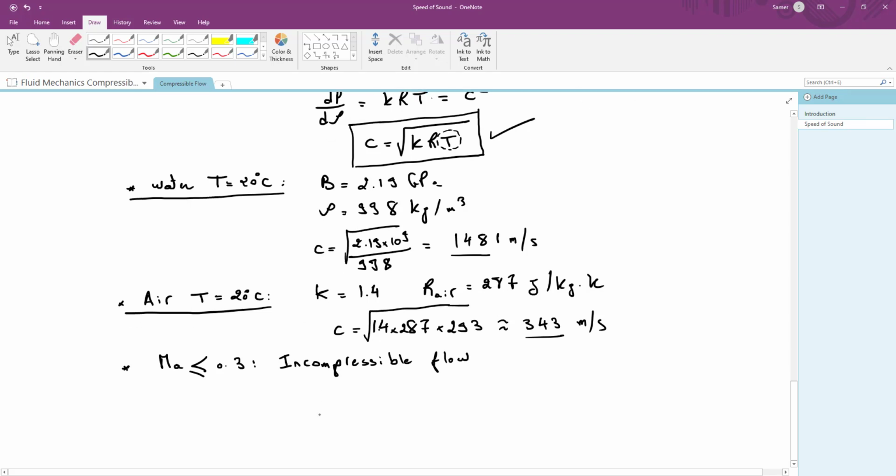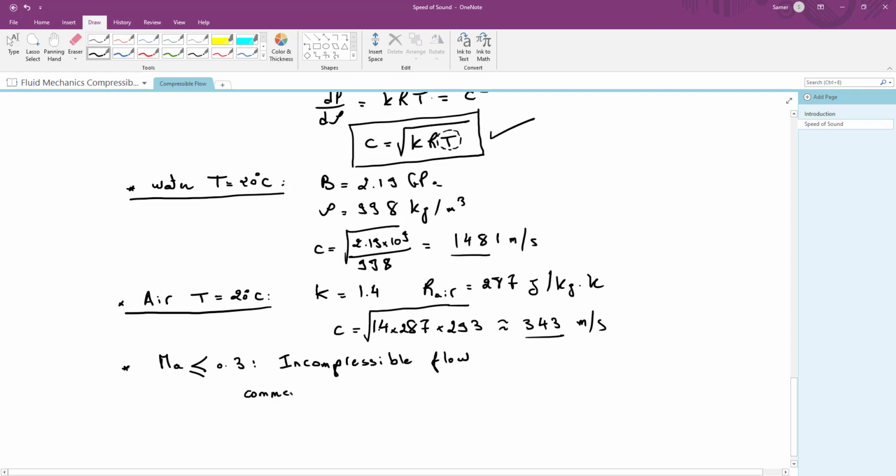Obviously, if the speed of sound is lower, we can reach this condition much more easily. This condition is very hard to reach when we're talking about a flow of water, for example, when compared to a flow of air.